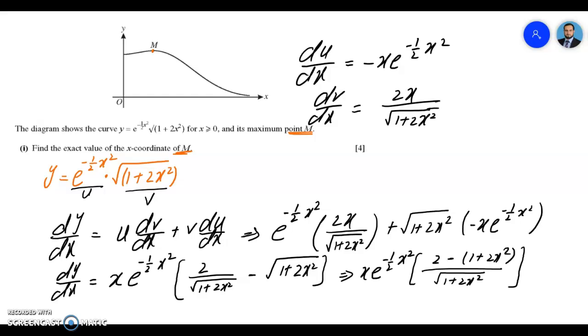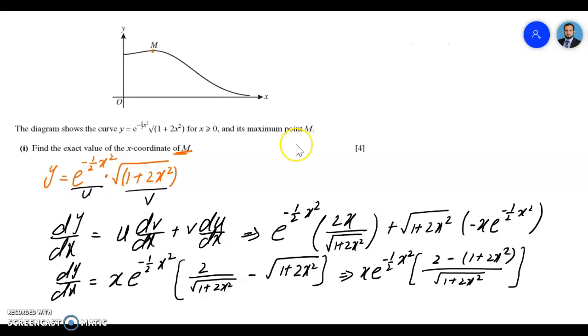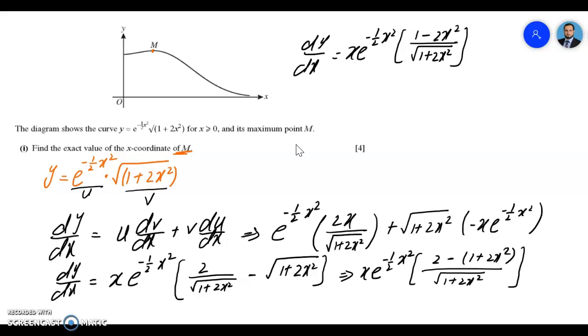Once we multiply in the numerator, the square root cancels out and we are left with only 1 plus 2x squared. So we can write dy by dx is equal to x e to the power of negative half x squared times 2 minus 1 minus 2x squared, so 2 minus 1 becomes 1 minus 2x squared, over the square root of 1 plus 2x squared.